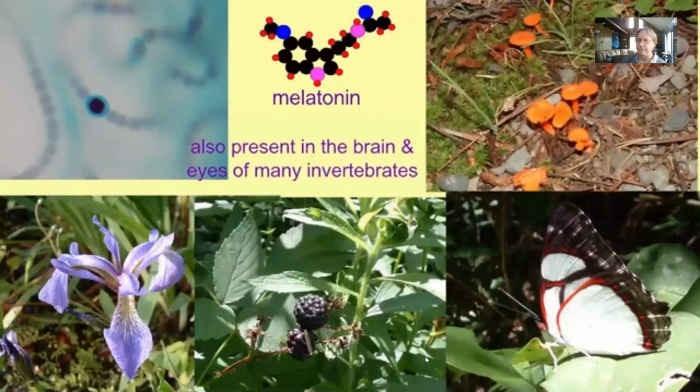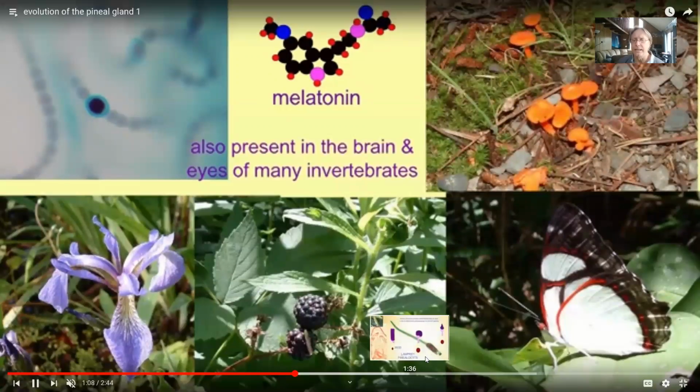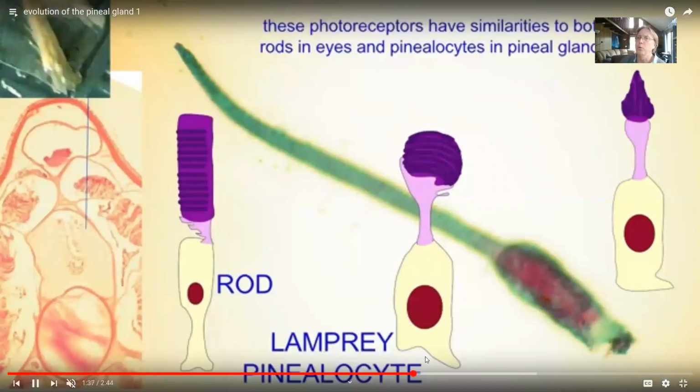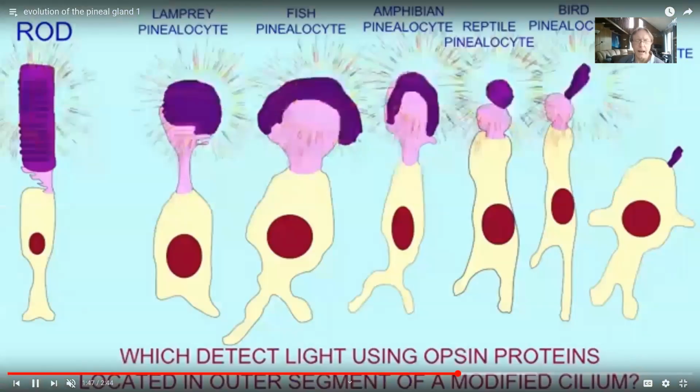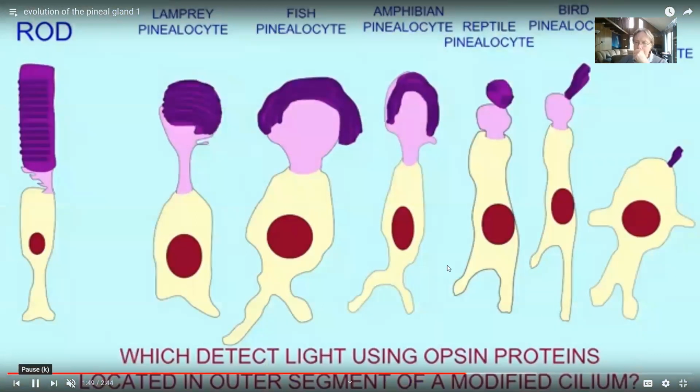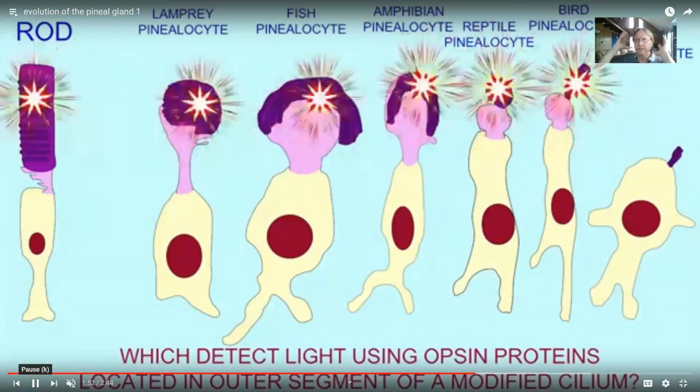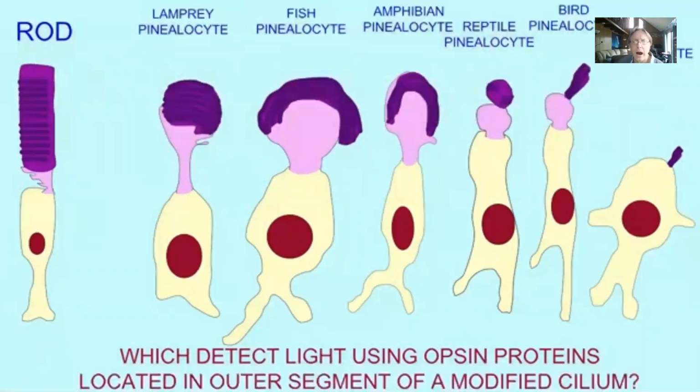But this gland, which makes melatonin on a day-night cycle, was once part of a photoreceptor organ, which actually detected light. While mammalian pinealocytes no longer detect light because they're no longer a hole at the top of the head, and our big cerebrum has grown over the diencephalon.